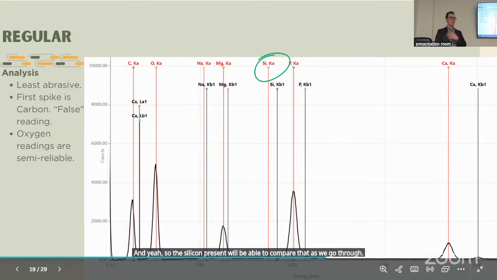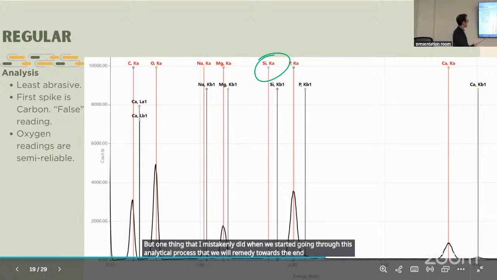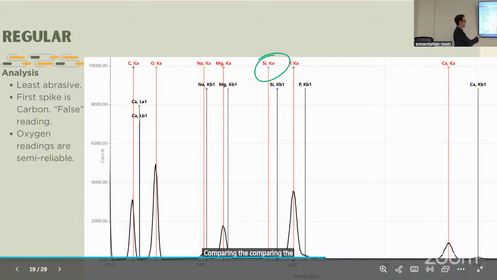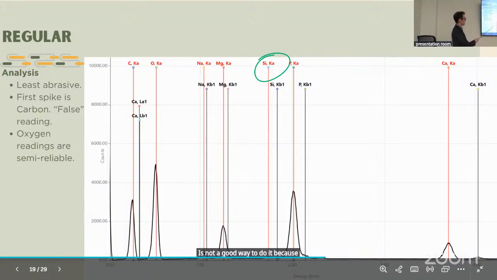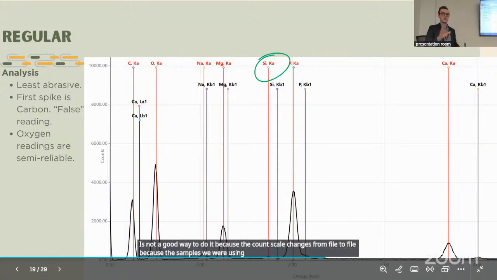But one thing that I mistakenly did when we started going through this analytical process, which we will remedy towards the end, is that the count axis on the side here tells you how much was detected of each element. Comparing the length of the peaks, either in the count or relative to the other peaks in the slide, and comparing those file to file is not a good way to do it, because the count scale changes from file to file, because the samples we were using are different sizes, just like the images being different scales.